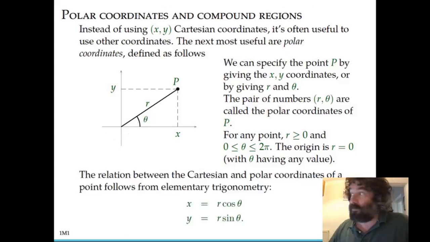Okay, so using some trigonometry, you can derive the relationship between the Cartesian coordinates x and y and the polar coordinates fairly easily, and it's shown here. x is equal to r cosine theta, and y is equal to r sine theta.